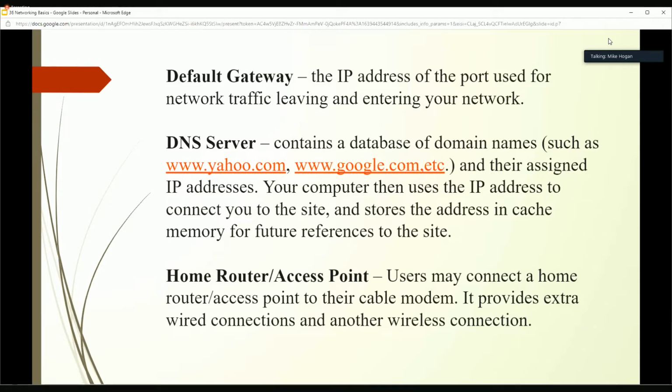Right? This is the phone book, if you will. So you give me a name, I'll give you the number. And so you type in your URL, and it will immediately send that to the DNS server. So the DNS server can turn that into an IP address, and then begin to route that traffic to the proper destination.